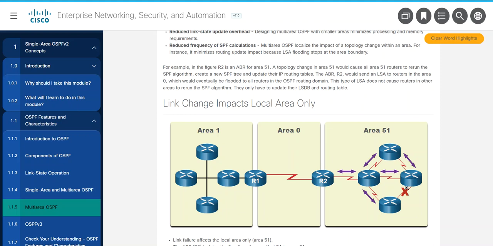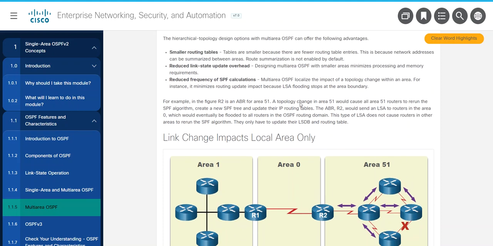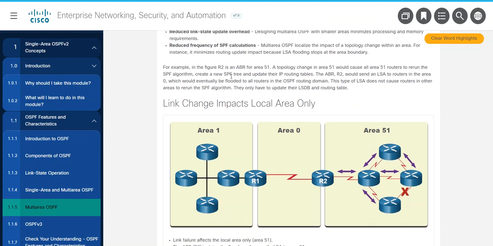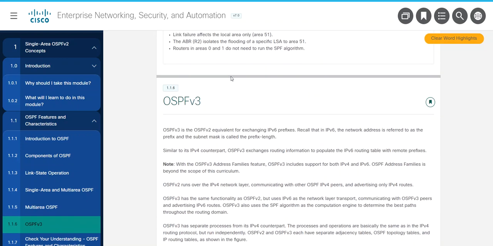And of course, that's going to be less bandwidth, and then you're going to have a little bit more control over your routing updates. So if you're looking specifically at the advantages listed in this curriculum, it points out your smaller routing tables, reduced link state overhead, reduced frequency of your calculations.